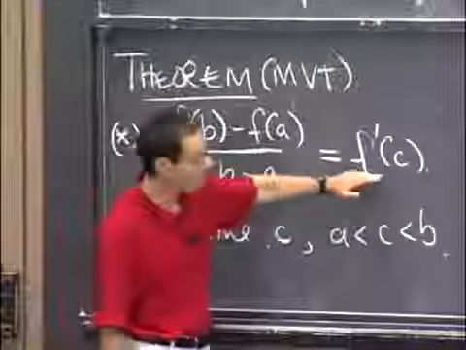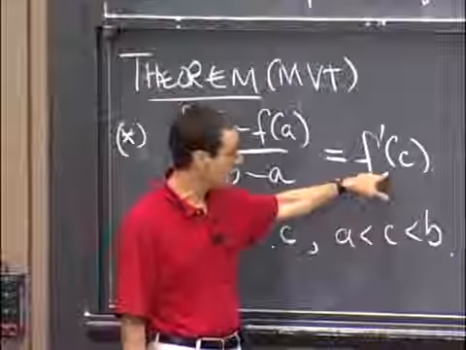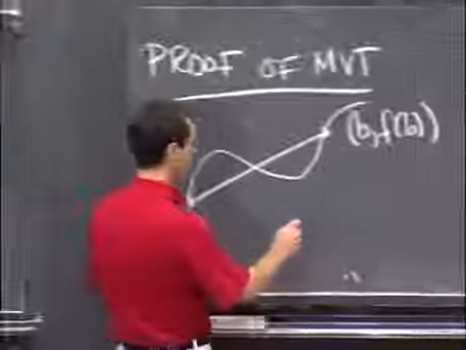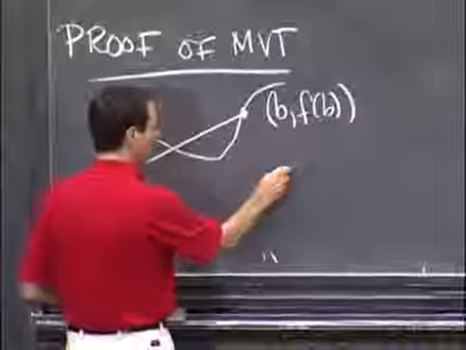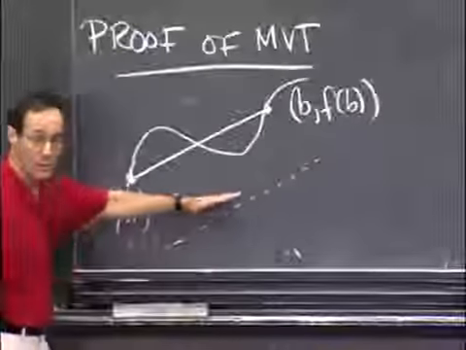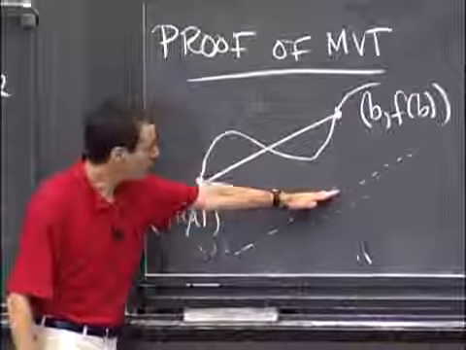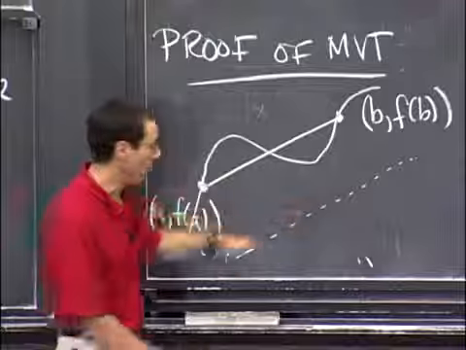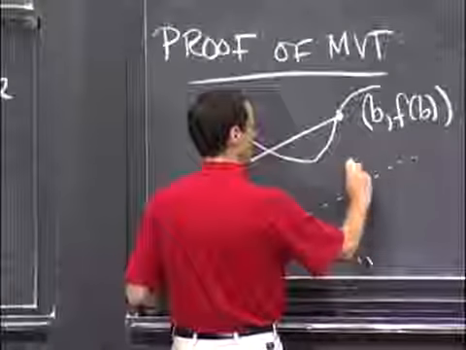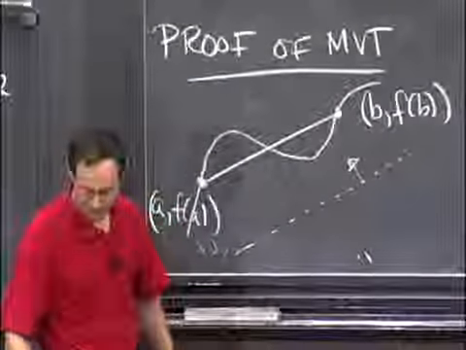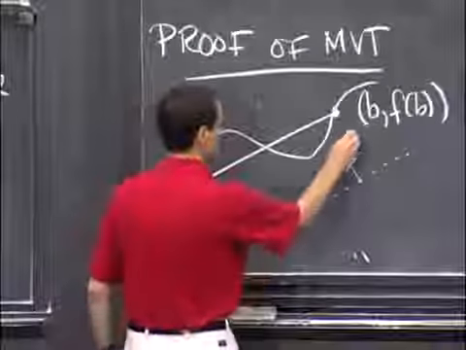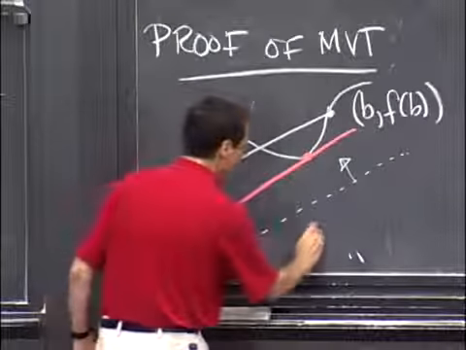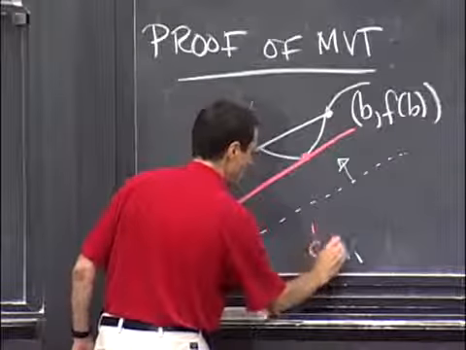So we need to find something with that slope. And what we need to find is a tangent line with that slope, because the right-hand side is the slope of a tangent line. So here's how we construct it. We take a parallel line down here, and then we just translate it up, leaving it parallel. We move it up towards this one until it touches. And where it touches, at this point of tangency down there, I've just found my value of c.